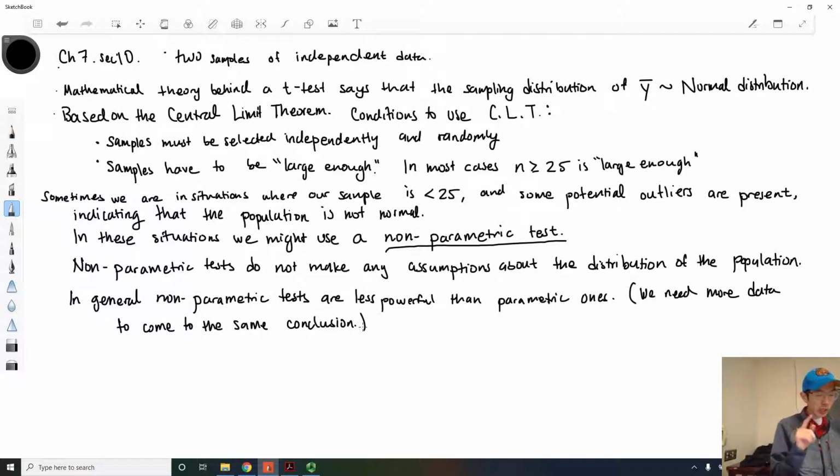The one non-parametric test that we will learn in our class is called the Wilcoxon-Mann-Whitney test, also sometimes called the Wilcoxon rank sum test. We will learn just one.